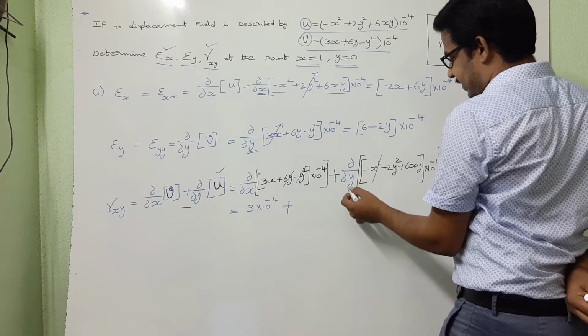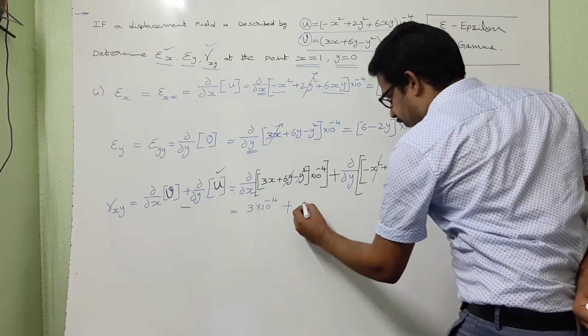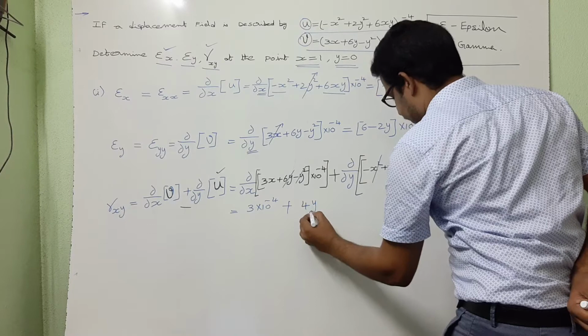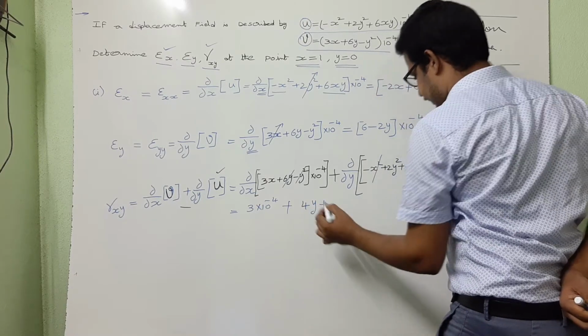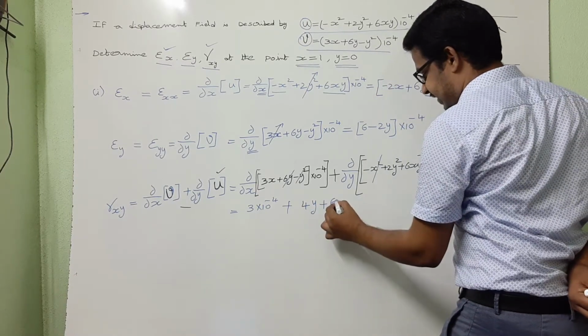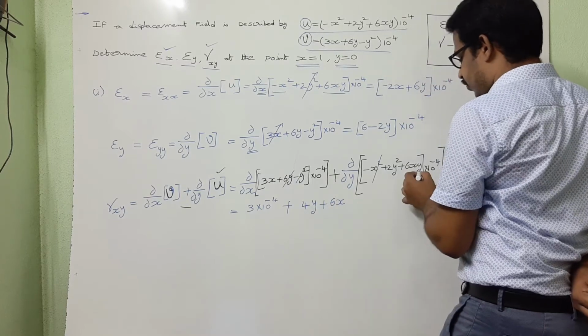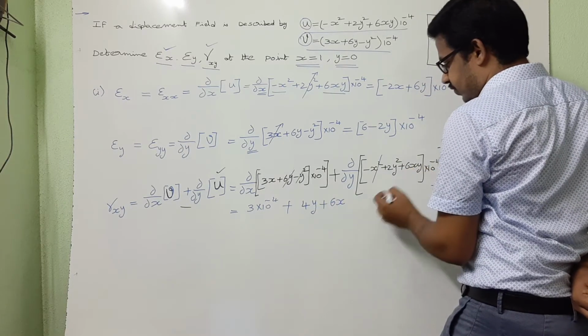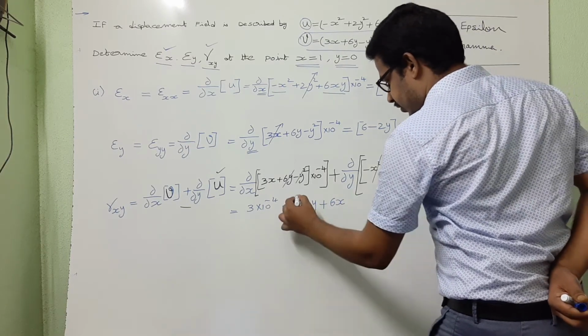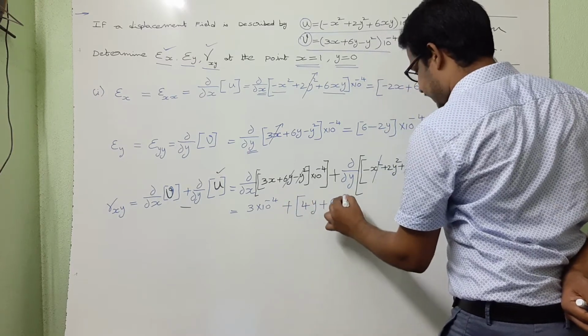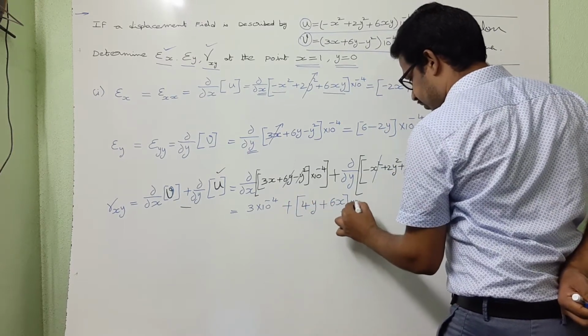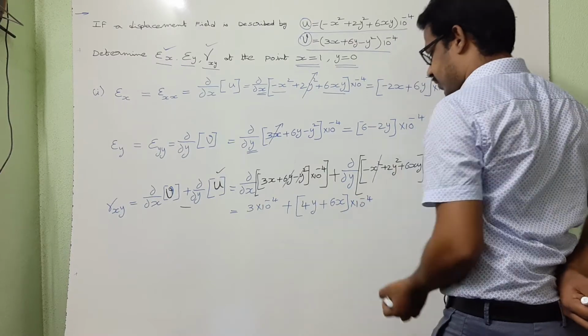Partial differentiation with respect to y: 4y plus 6x into 10 power minus 4.